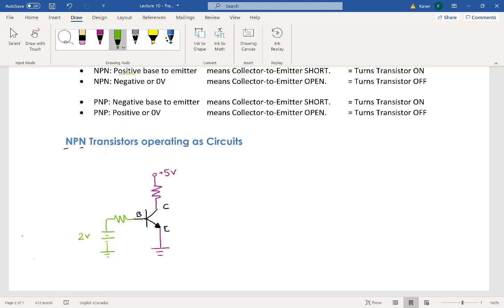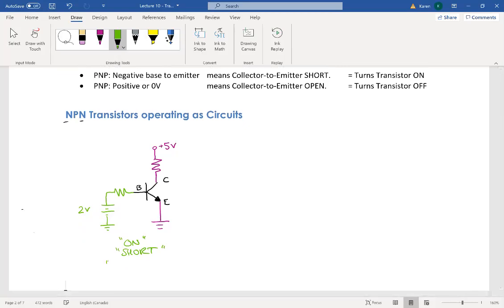So this is the case that I just drew. It turns the transistor on. So this is going to be on, or it is in the short state. The transistor is in the short state, or it is also called saturated. This saturates the transistor.